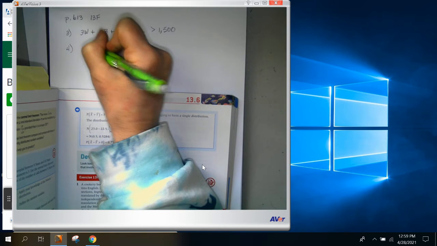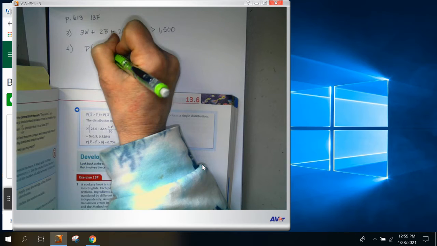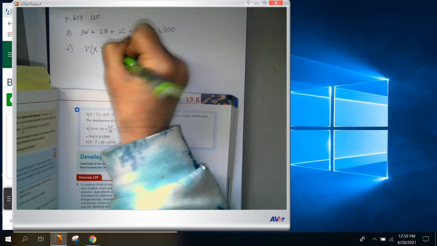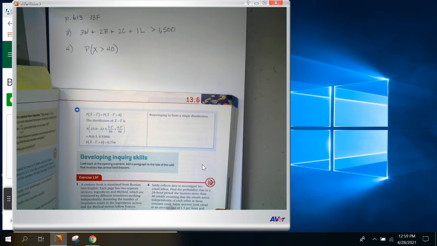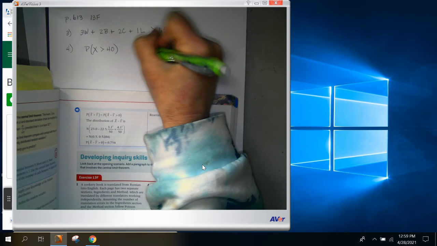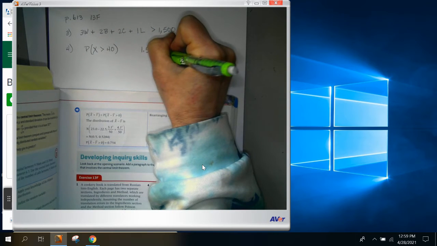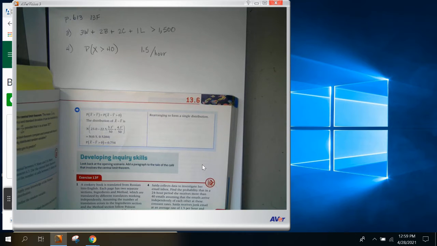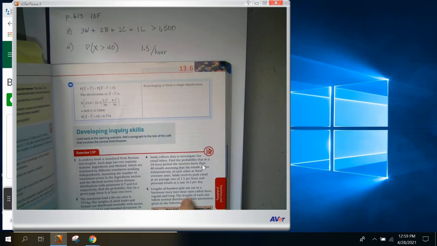So the probability I'm looking for is that my random variable is greater than 40 emails, assuming that emails arrive independently of each other at constant rates. Junk mail, she receives 1.5 per hour. And personal emails, she gets 2 per day.